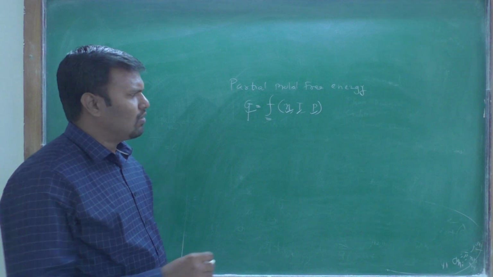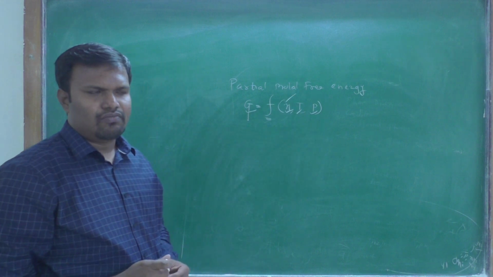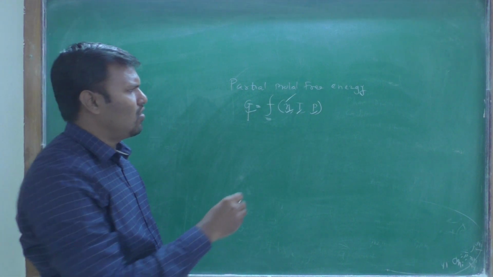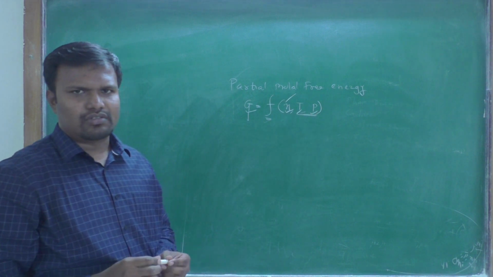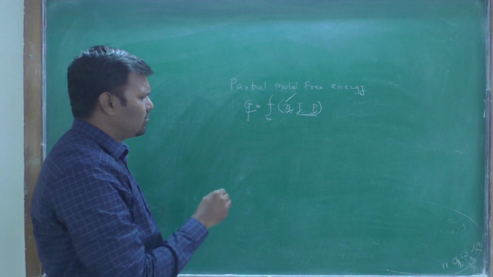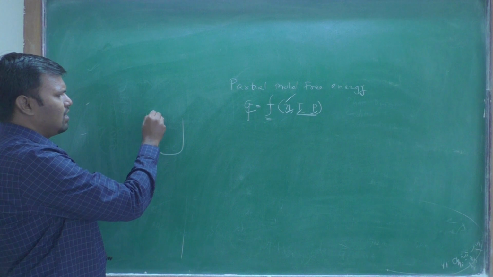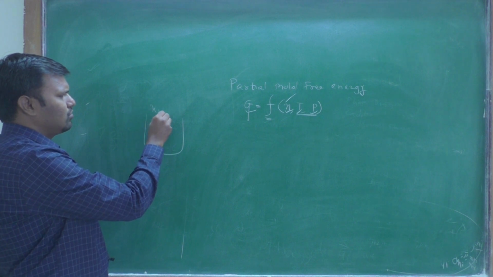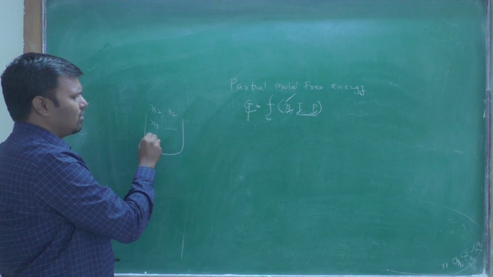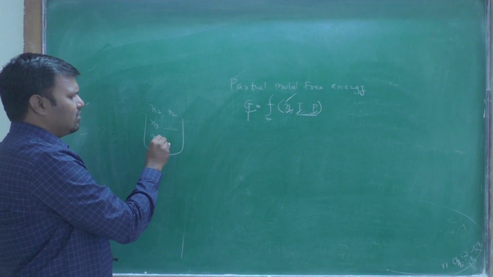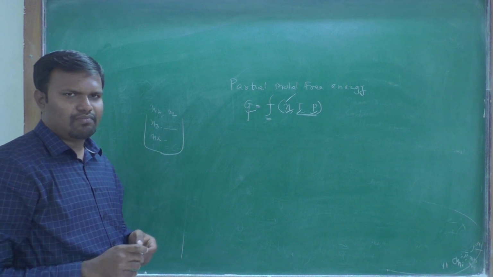In this method, one of the variables we change and all other variables are kept constant. Suppose we have a system with a number of substances: n1 moles of substance, n2 moles, n3 moles and so on. There are n substances present in a particular system.